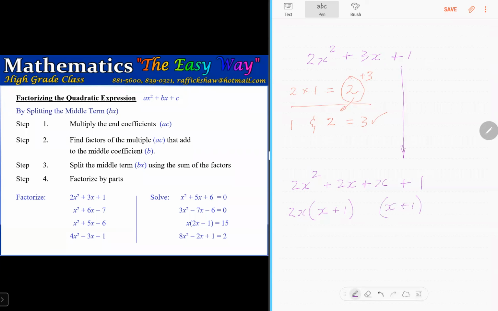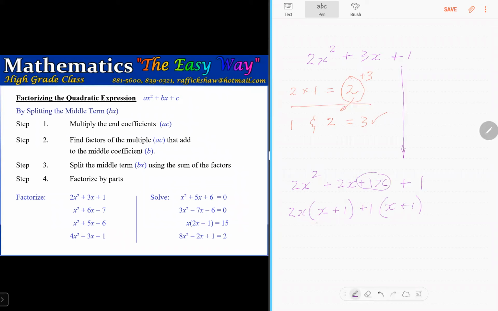From the plus 1 here, to get this in, you have to factor out a plus 1.